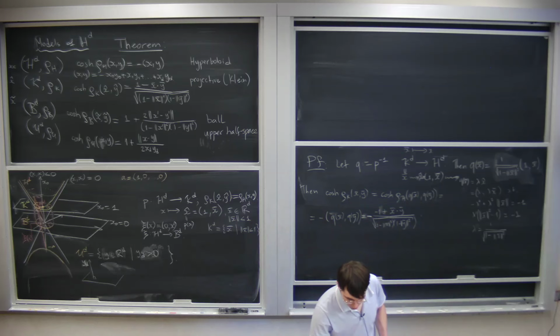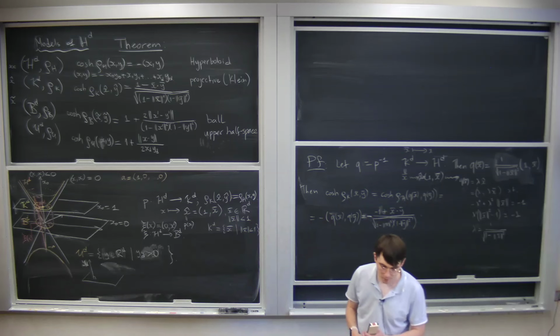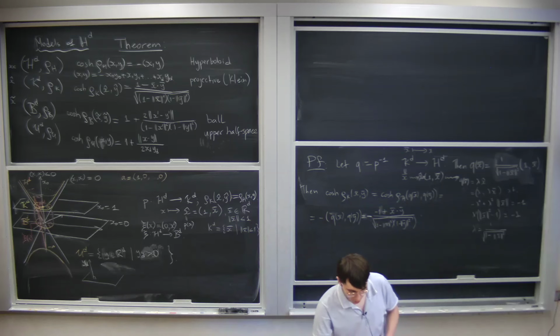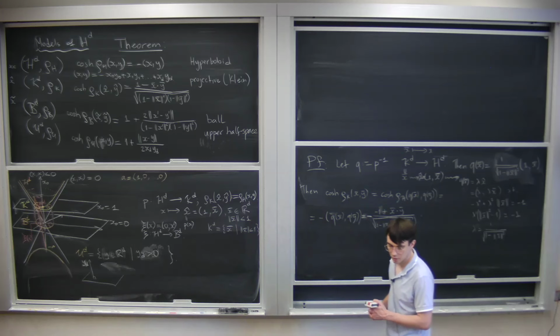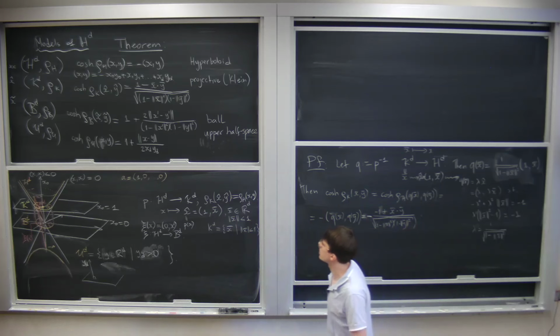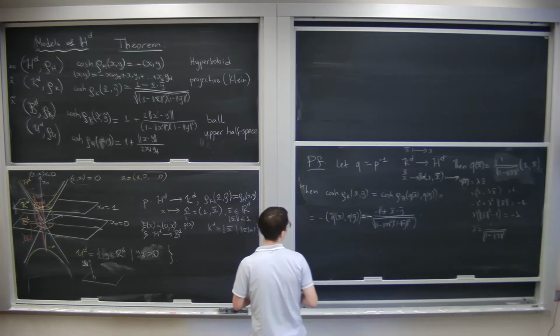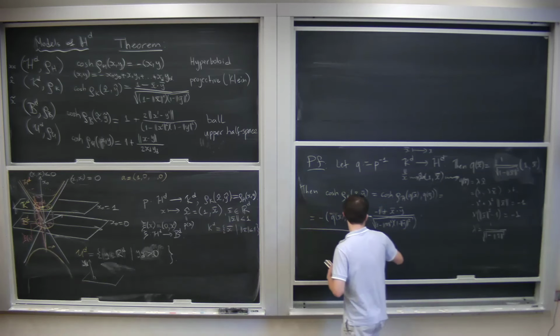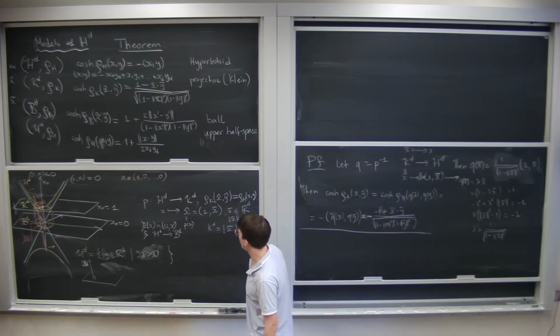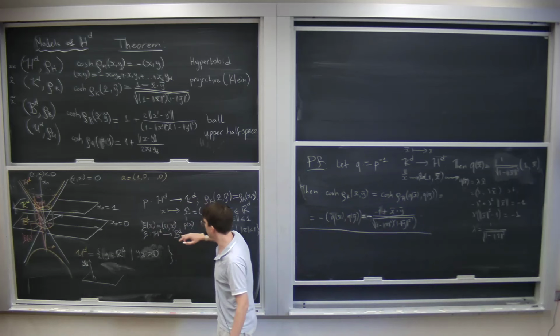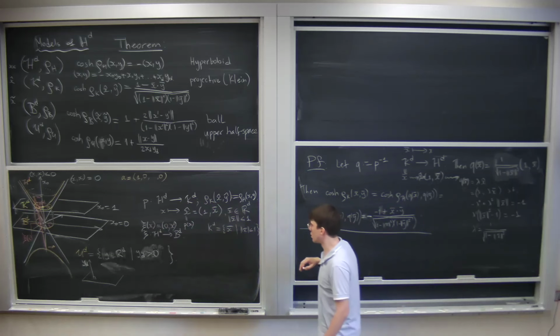Now for the metric in the Poincaré ball model, I suggest to write it as follows. So we have this map xi. Now I'm taking the point xi of x, right?